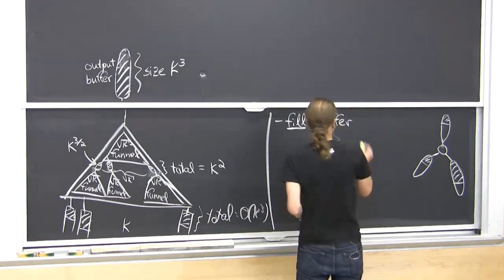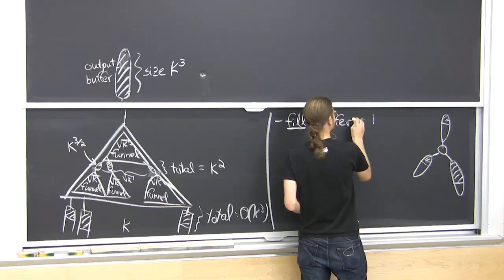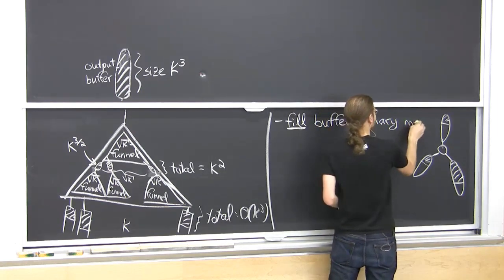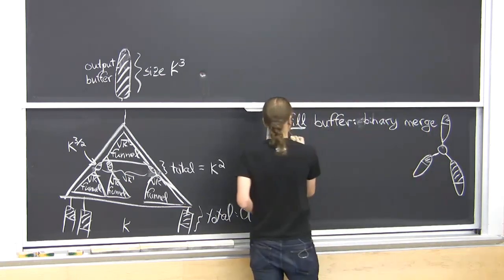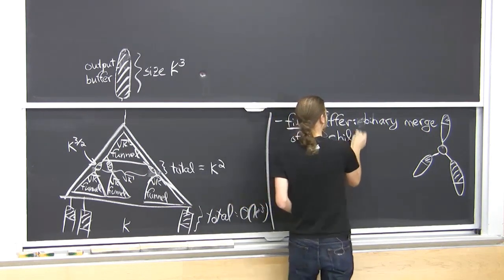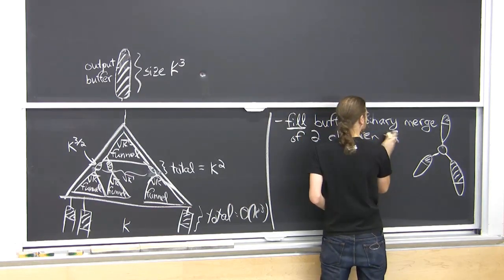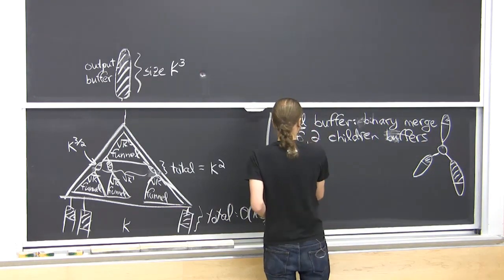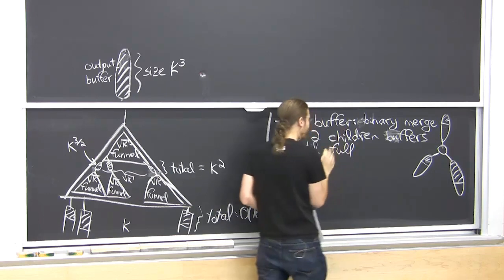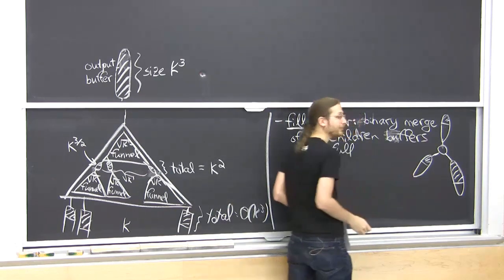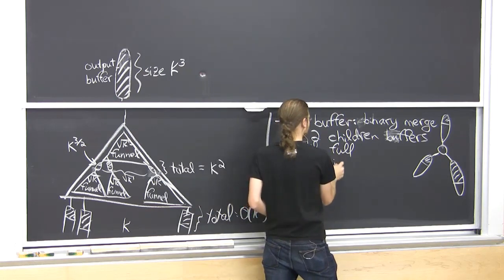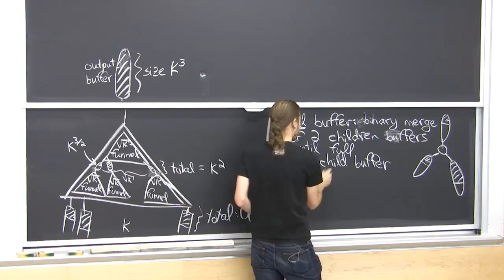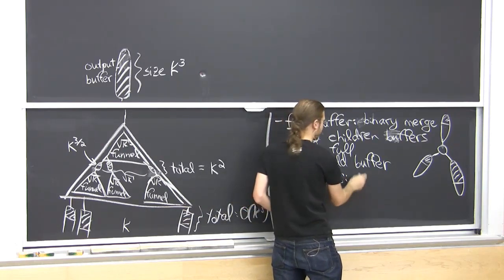So that's how we do fill: binary merge of the two children buffers until we're full. But there's one thing that can happen, which is that one of the child buffers might empty. What do we do then? Recursively fill it.